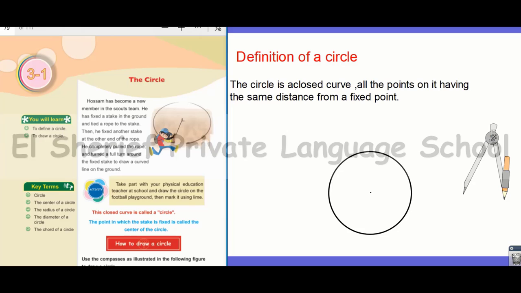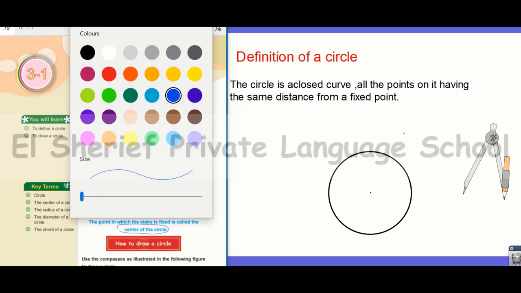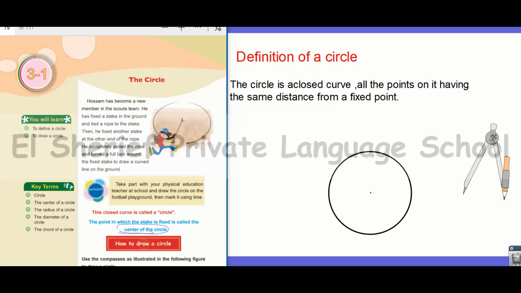The fixed point is called the center of a circle.